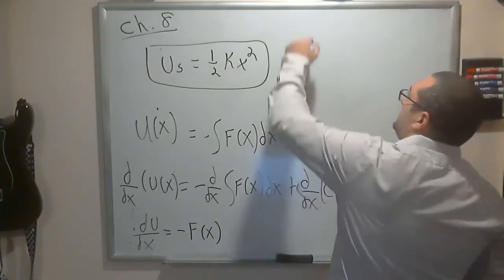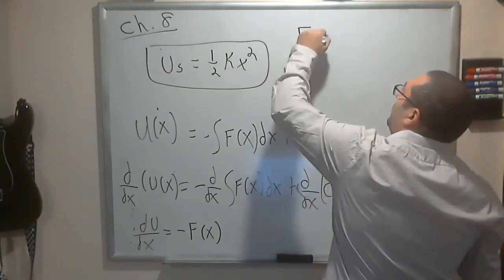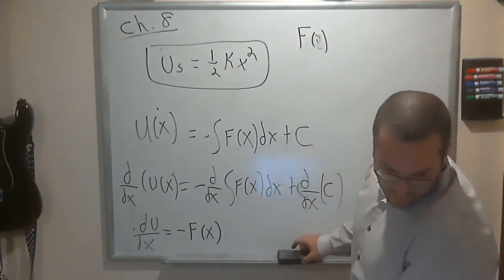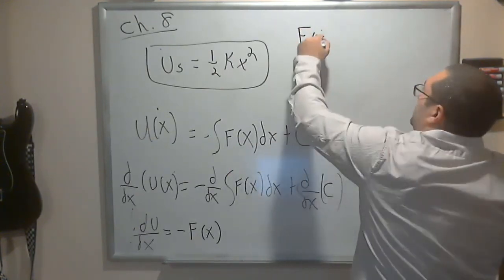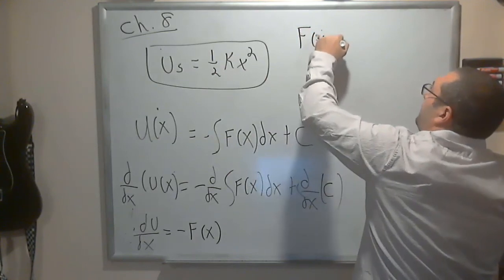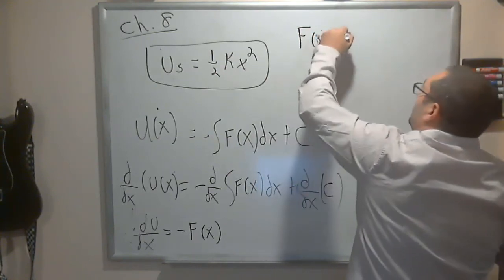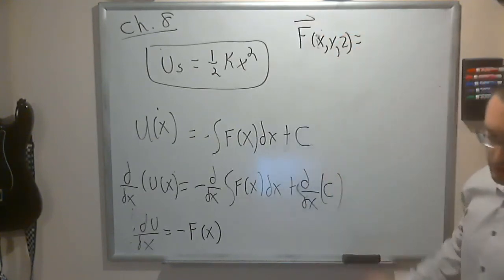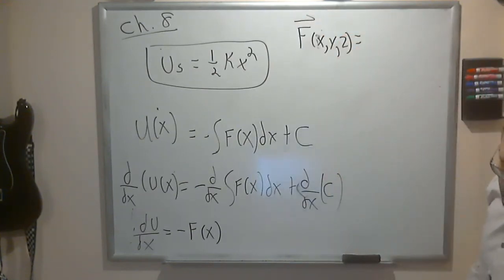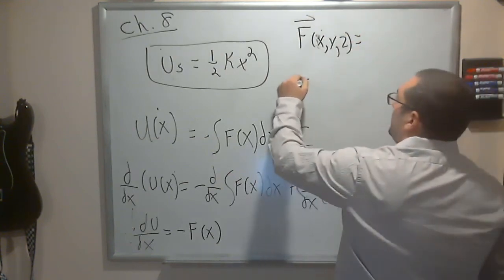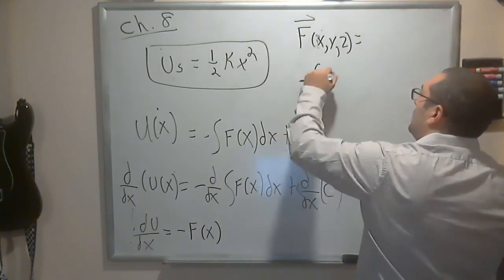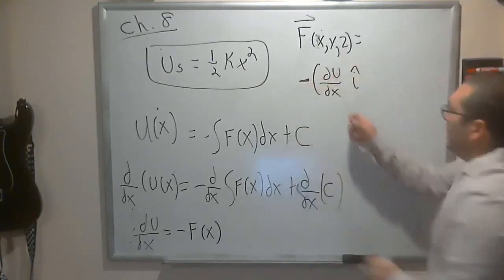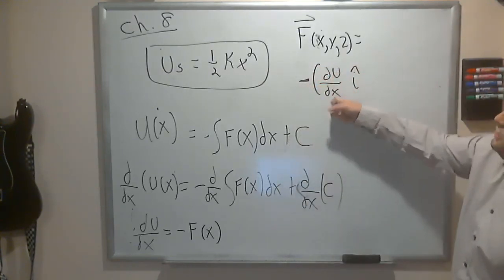So when we do this, the force vector, which can depend on all 3 translational variables, is equal to the negative of the derivative of the potential energy in the x direction.